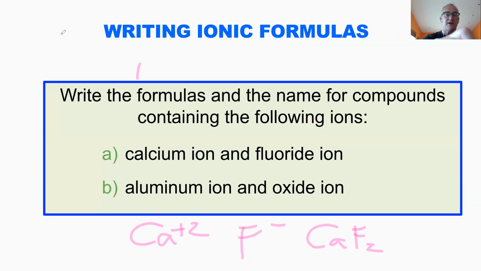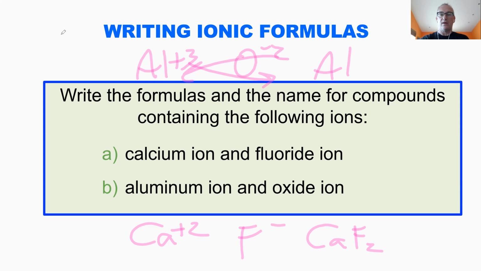We know aluminum is going to be +3, and oxide is going to be -2. We do our crisscross applesauce. Al2O3, aluminum oxide.